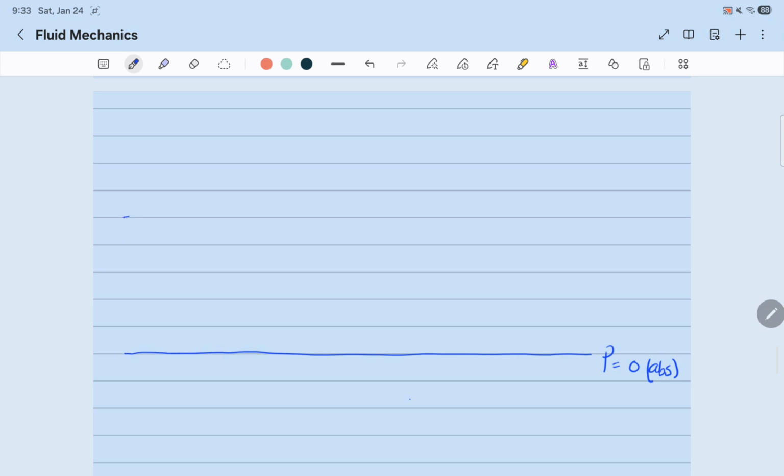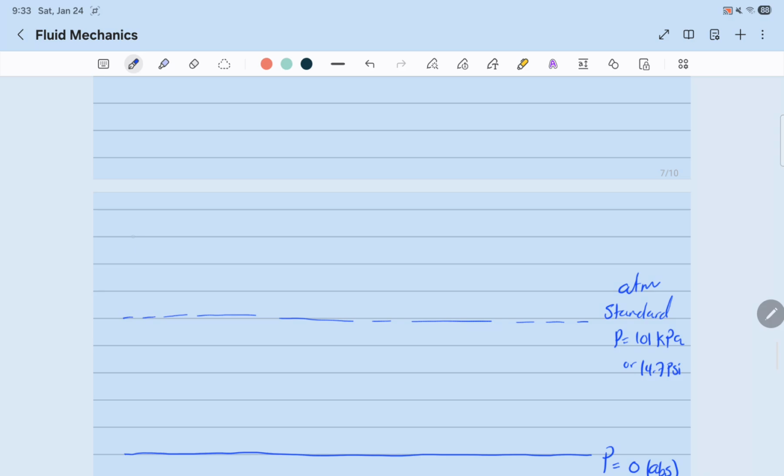The second dashed line is the standard temperature, pressure or atmospheric, which is P equals 101 kPa, or 14.7 psi. Okay, now we want to find PA.